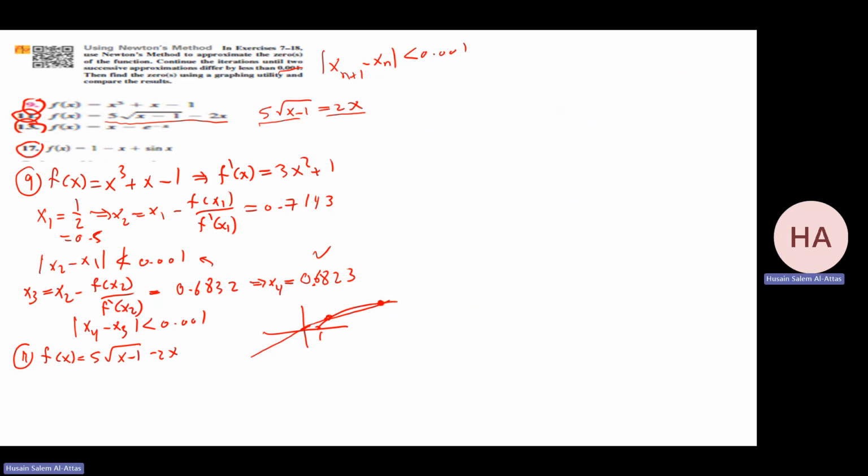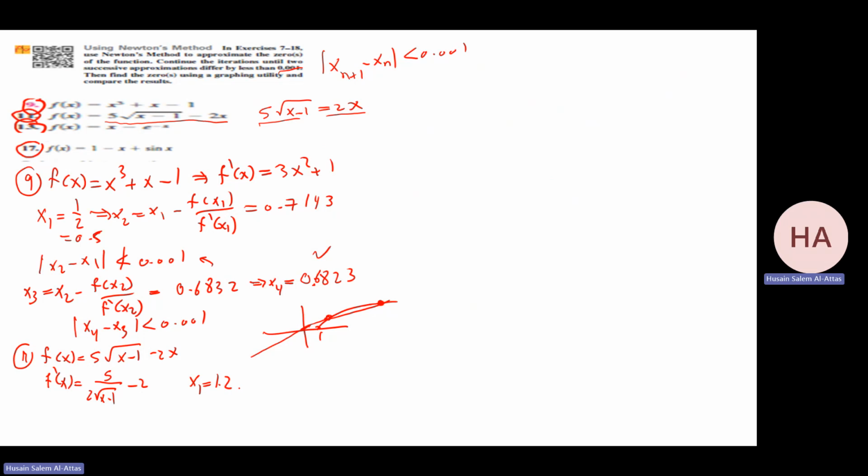So what will be f prime? Here, f prime will be 5/2 root x minus 1 minus 2. So I'll choose x1 to be 1.2.